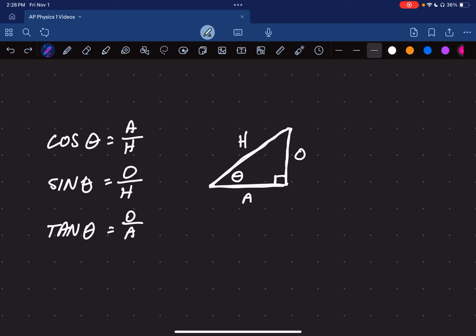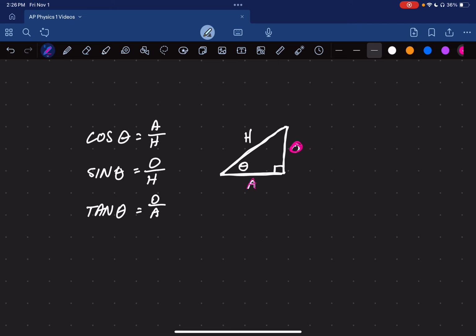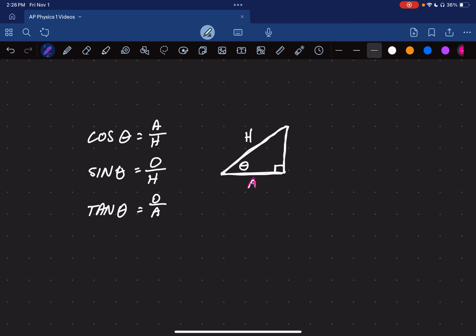And from this angle theta, this would be the opposite side here. So we have O. This would be the side that is next to the angle. This is called adjacent. And this is the longest part of that right triangle, which we call the hypotenuse H. And so here are your trig functions. And so hopefully you remember how to use those. We're going to practice with them right now.